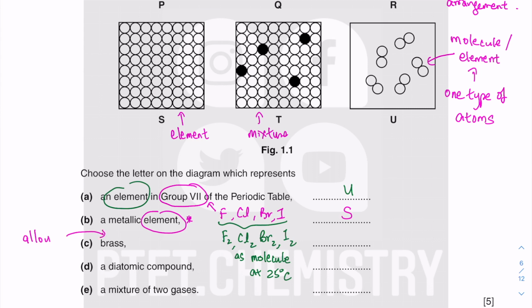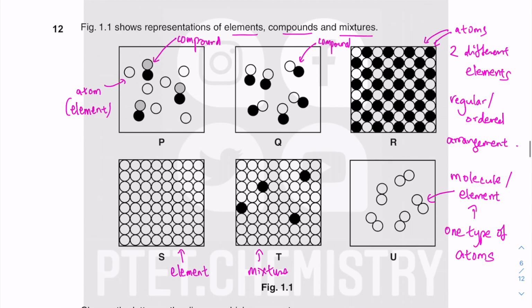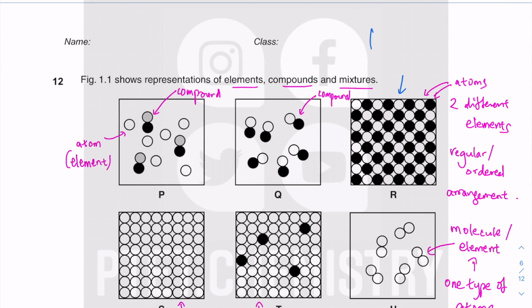Okay. Brass. Brass is what you call an alloy. Alloy is defined as a mixture of metals. So what we have in brass is not going to be these, because brass is a mixture. This looks like a fixed ratio of atoms chemically combined together.